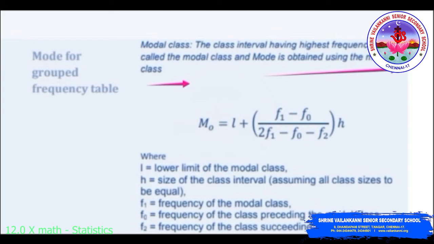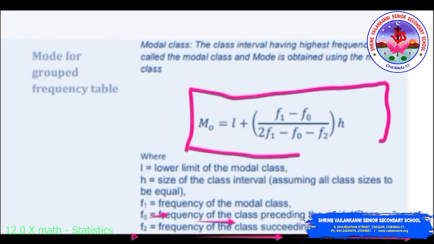We have the formula for finding the mode for grouped data, where mode is equal to l plus (f1 minus f0) by (2f1 minus f0 minus f2) into h, where l is the lower limit of the modal class, h is the size of the class interval, f1 denotes the frequency of the modal class, f0 is the frequency of the class preceding the modal class, f2 is the frequency of the class succeeding the modal class. Using this formula, we are going to find out the mode for grouped data.